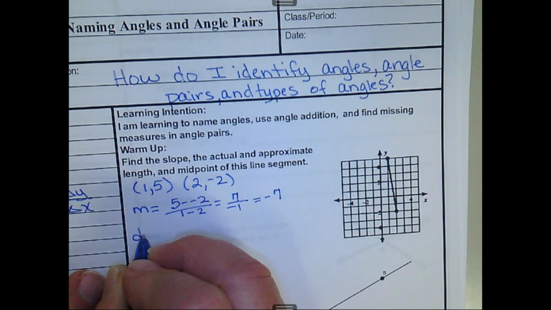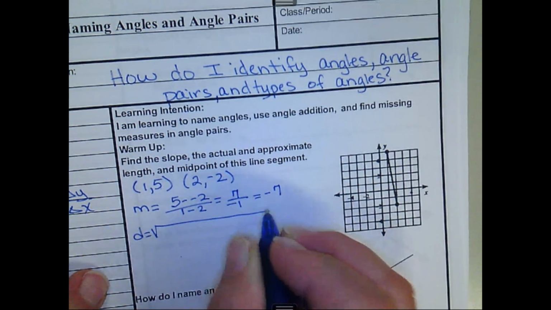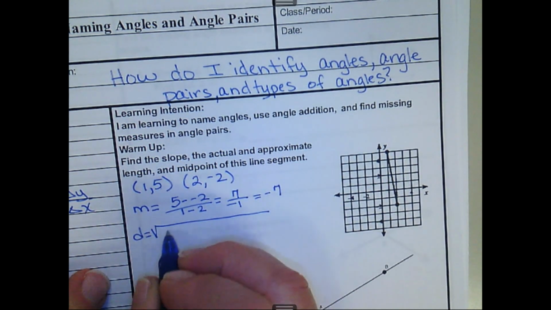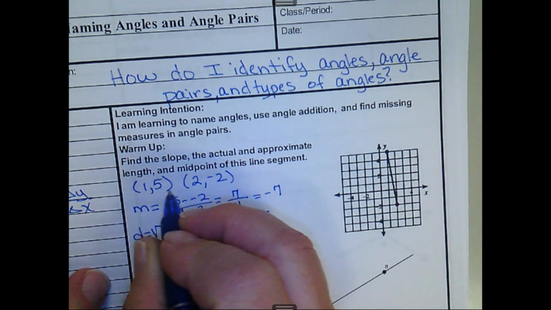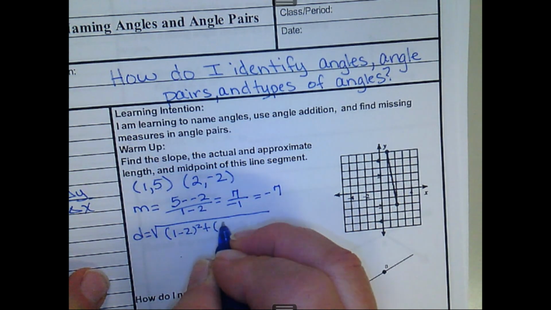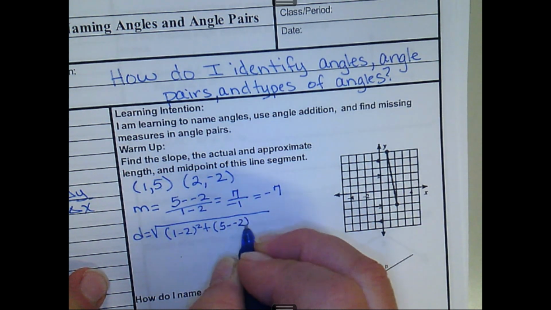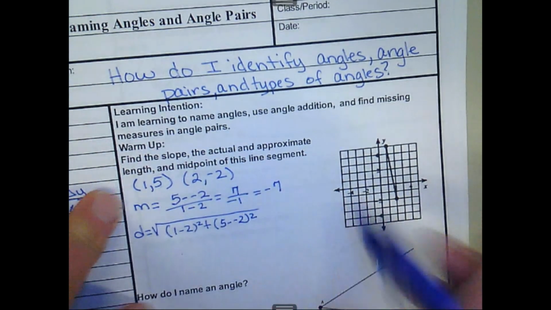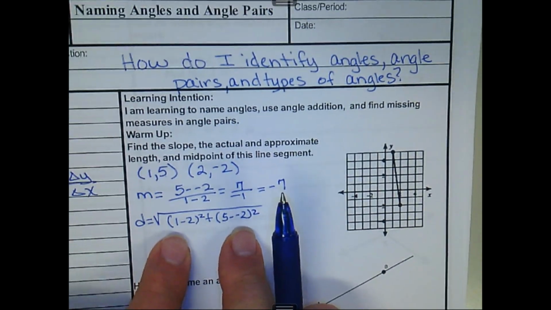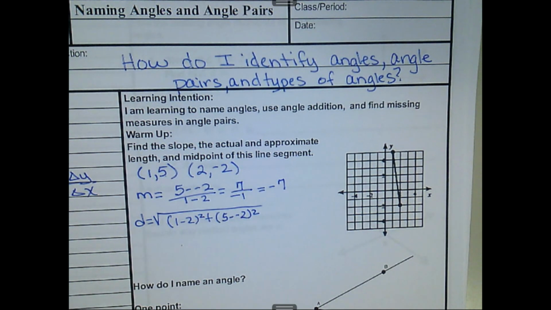so we're looking at the square root of (1 minus 2) squared plus (5 minus -2) quantity squared. Because I have to have the actual length, I'm going to see what number this is underneath the radical.